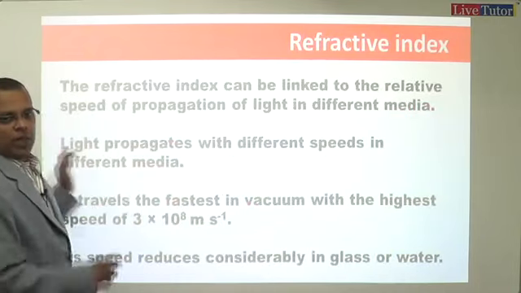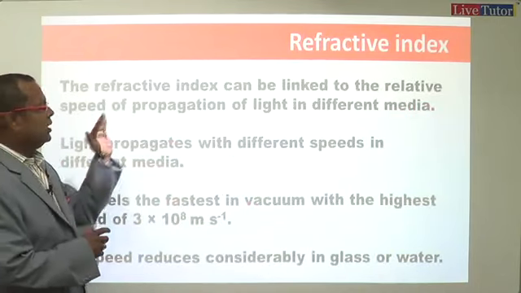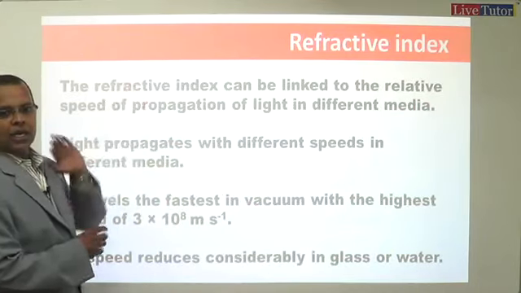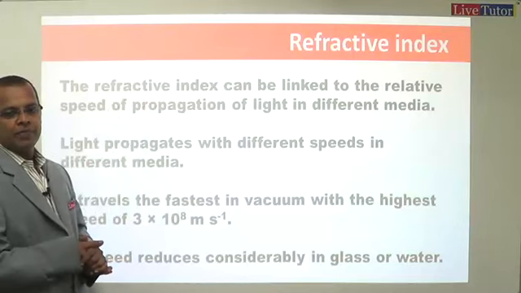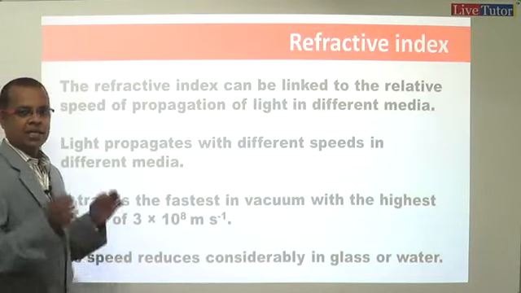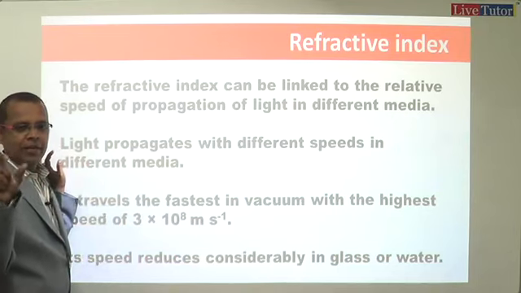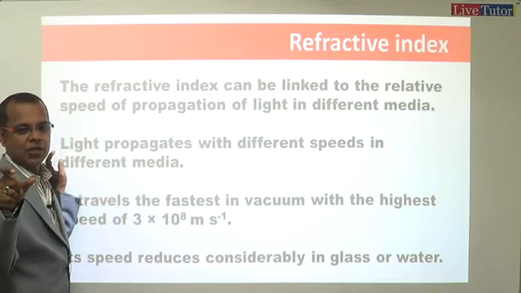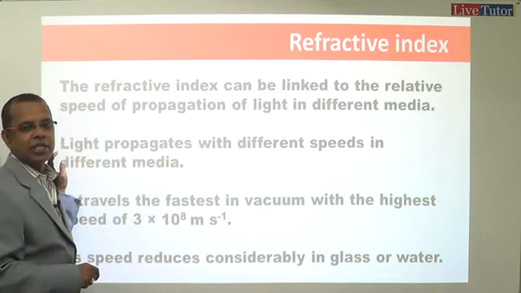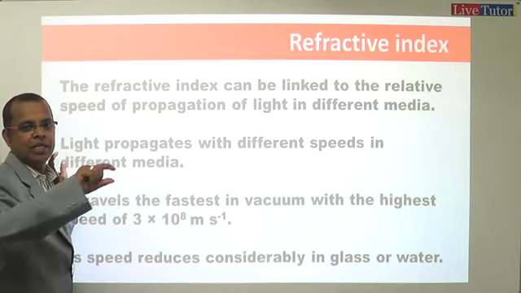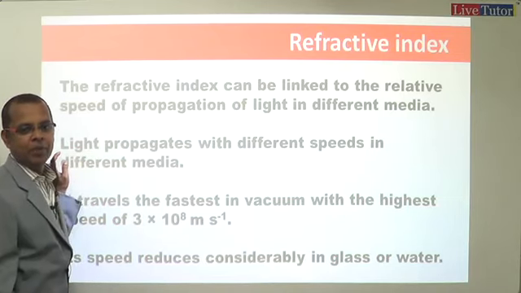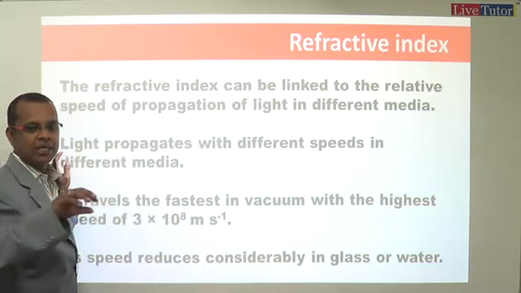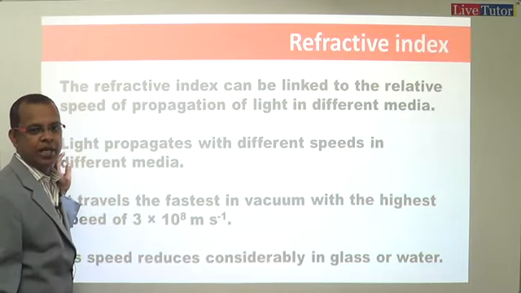Now the refractive index can be linked to the relative speed of propagation of light, so that we can calculate the speed of light in a particular medium, because we have understood that light travels with different speeds in different media.